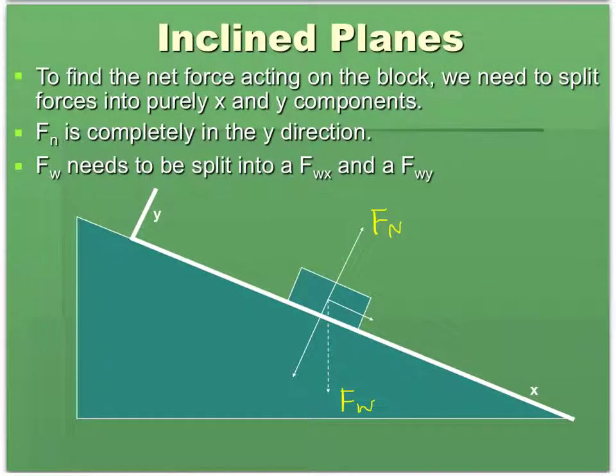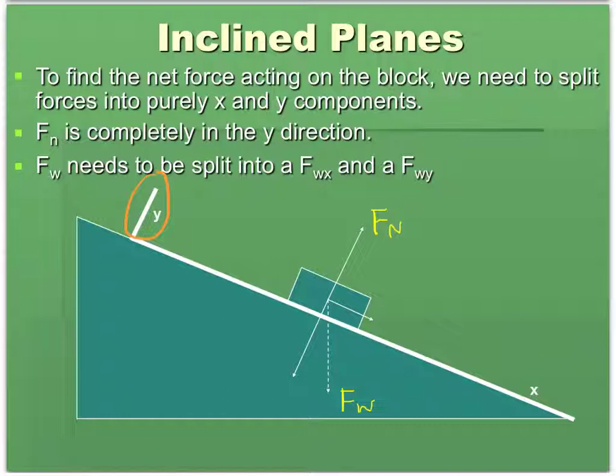Okay, so to find the net force acting on the block, we need to split the forces into purely x and y components, which will allow us to simplify this drawing. So exactly like we did in the last couple lessons. Keep in mind that we've redrawn our new coordinate system, so we've got our y-axis, which is perpendicular to that contact surface. And so for this problem, our normal force, or Fn, is completely in that y direction.